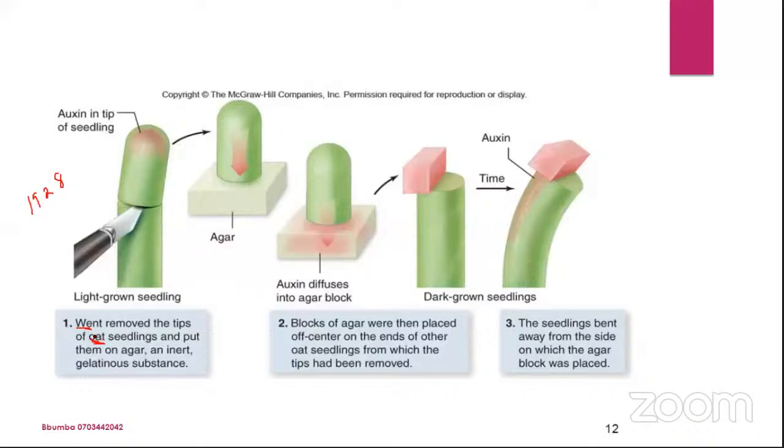So in Europe, they grow oats. So they removed the tips of oat seedlings and put them on agar. Agar is the other block which I was telling you. An inert gelatinous substance. Gelatinous means it looks like Vaseline or mucus. That's how it looks. And you can see that they were placing it on this agar block.